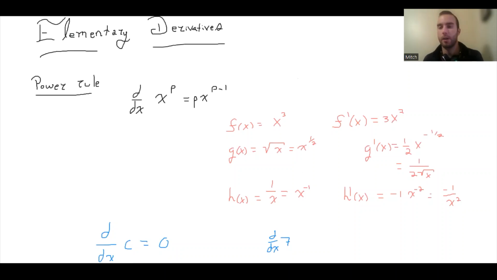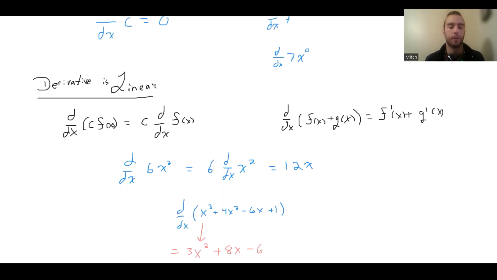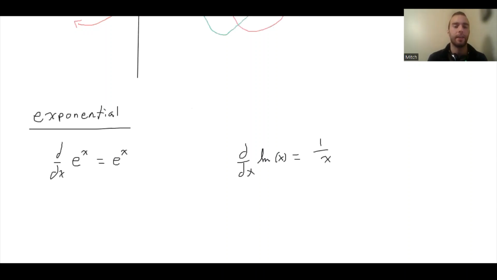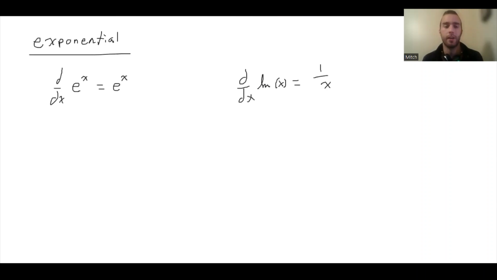The roots, the powers, the reciprocals are all described with the power rule. For the trig functions, the derivative of sine is cosine, and the derivative of cosine is negative sine. For the exponentials, the derivative of e to the x is e to the x, and the derivative of ln is 1 over x. That's really all you need to remember.